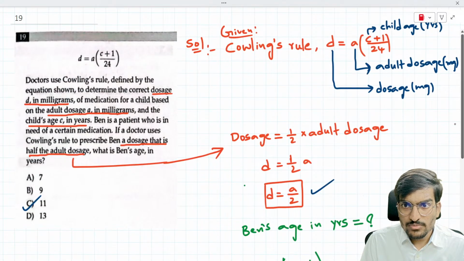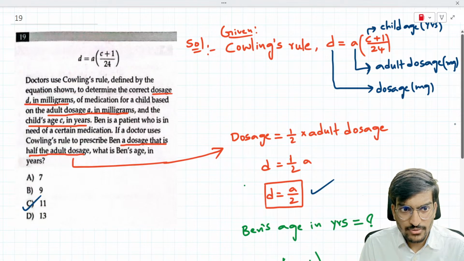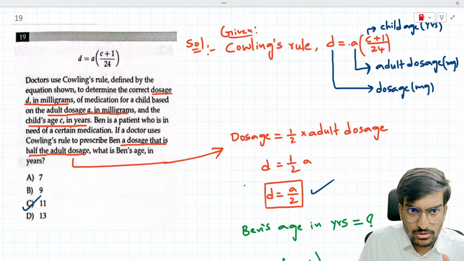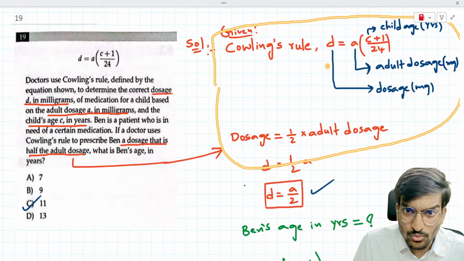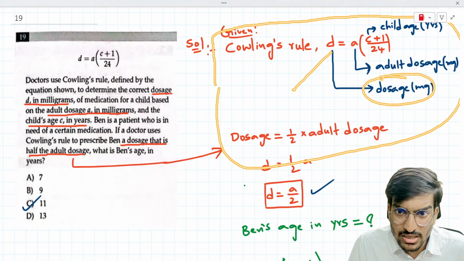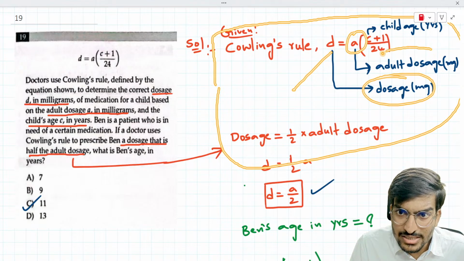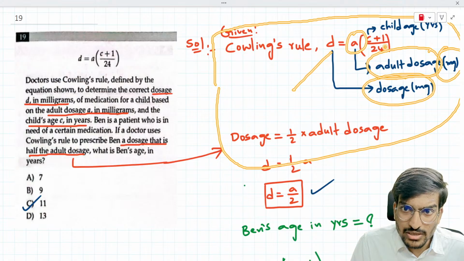Is that okay, Mr. Saidur Rahman? Did I go a bit fast? Let me go through the question again if you need. I just wrote on the right side in simple words. D is the dosage, already given in milligrams. A is the adult dosage in milligrams. C is the child's age.